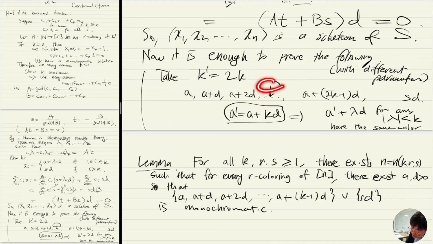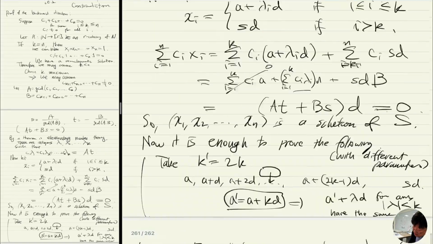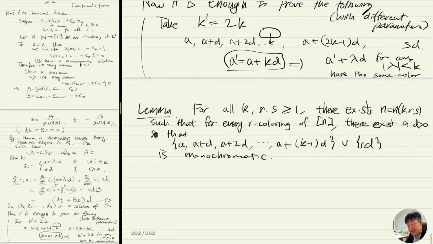You choose the middle one as your new a, and anything you go to in the forward or backward direction has the same color. So even if lambda i is negative, they will still have the same color, right? So that's the idea. This lemma is a strengthening of van der Waerden's theorem. Not only do you have this arithmetic progression of length k, but you also have the property that s times d has the same color. Okay.